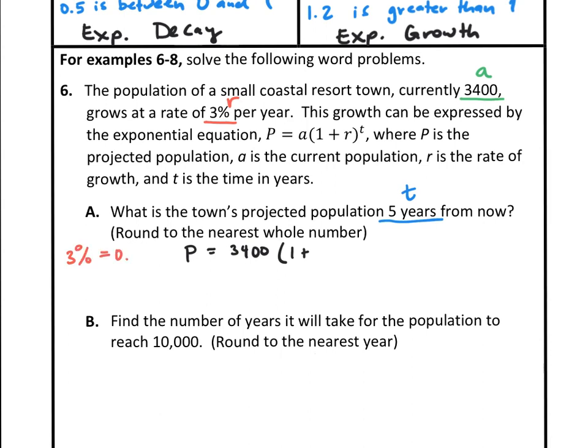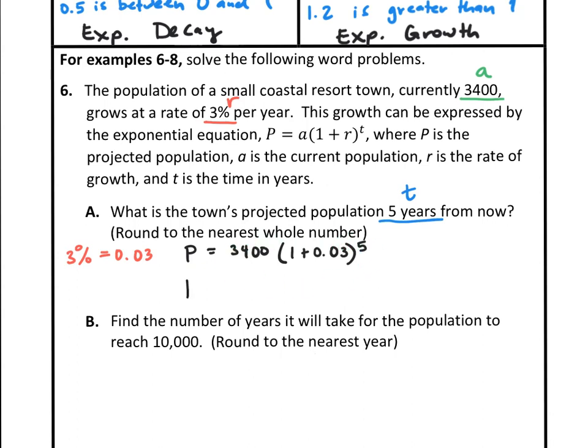It becomes 0.03. Okay, so I'm going to do 1 plus 0.03 raised to the power of 5. Okay, and so can we plug this into a calculator and get the results? Yeah, so let's do that.